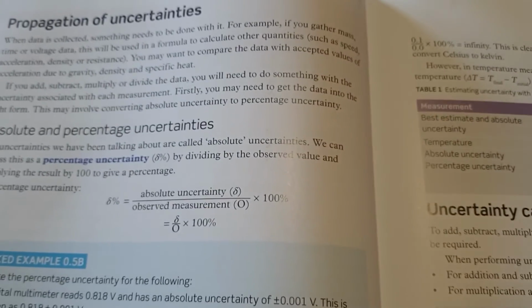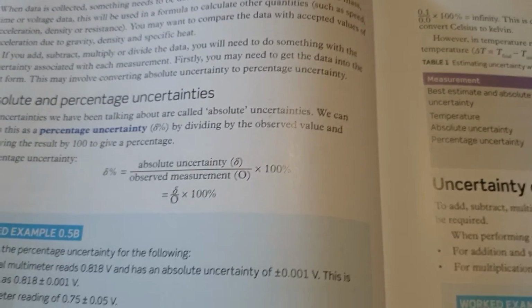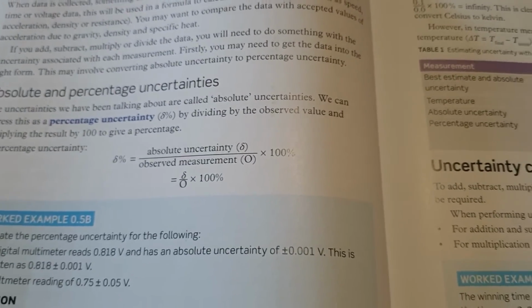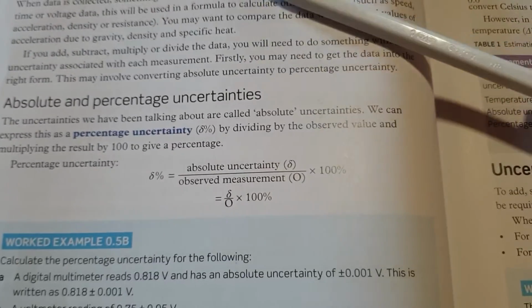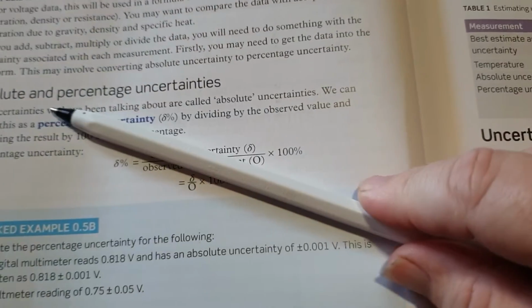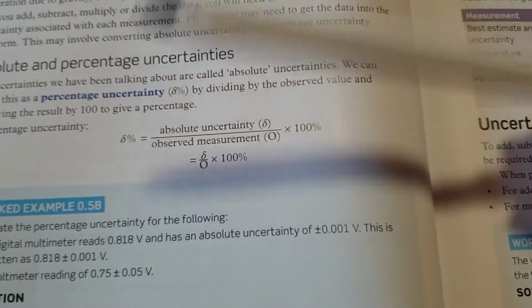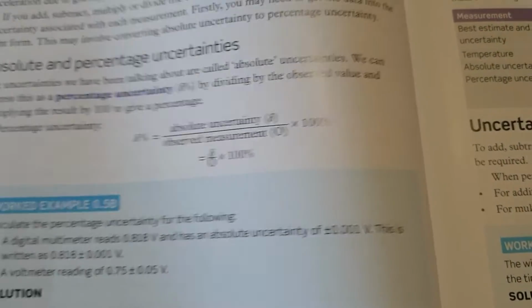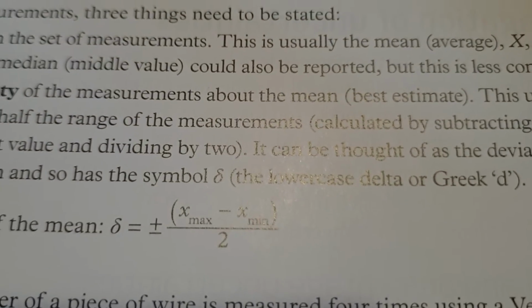Now, when you're going to do your student experiment and you're going to be making some calculations, you're going to have to propagate or carry forward the uncertainties. So absolute and percentage uncertainty. So absolute uncertainty is this one that we did back here. This gives us the absolute. Absolute is just a numerical value.